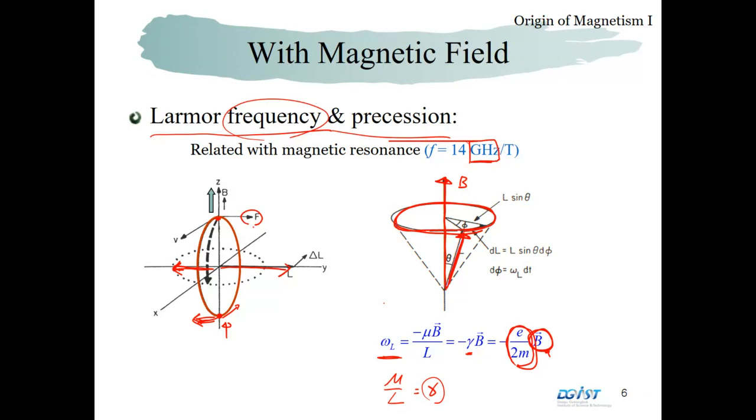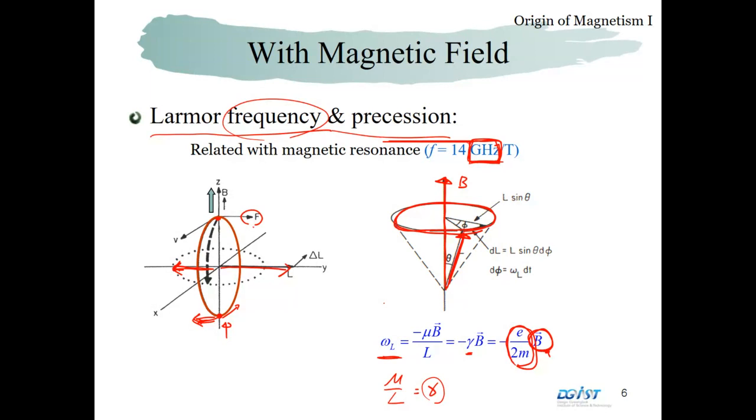That means if you apply a magnetic field of the order of 1 Tesla, the magnetic moment because of the electron motion is precessed at a frequency of the order of 10 gigahertz. That's the meaning. The electron and spin dynamics is gigahertz dynamics.